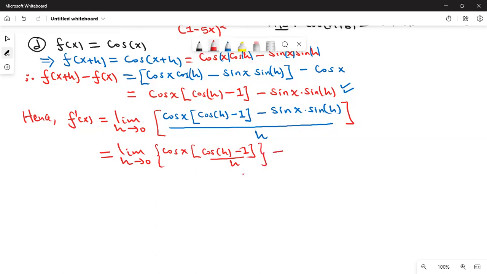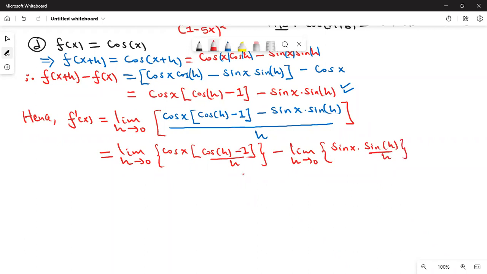Then we have minus the limit as H approaches 0 of sine X times sine H divided by H.